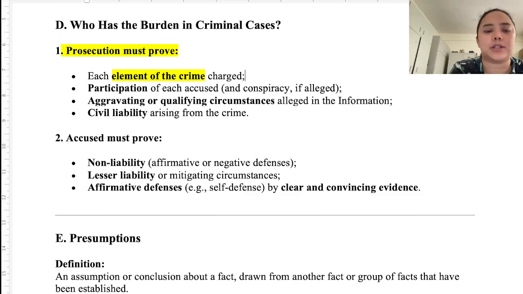May ara bala sang treachery, premeditated bala ang murder. May ara bala sang four-armed man or band, ba? Nighttime, dwelling. Ano pa yun lang iban nga qualifying circumstances ng murder. Each element of the crime charge must be proven by the prosecution.